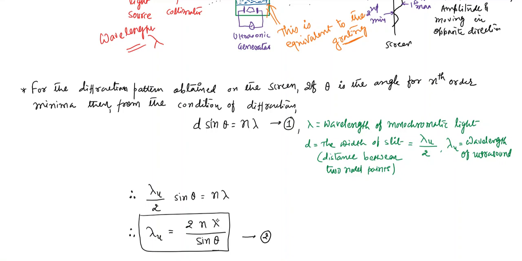So you have lambda, you measure theta, and with the help of lambda and theta you can find out lambda u.